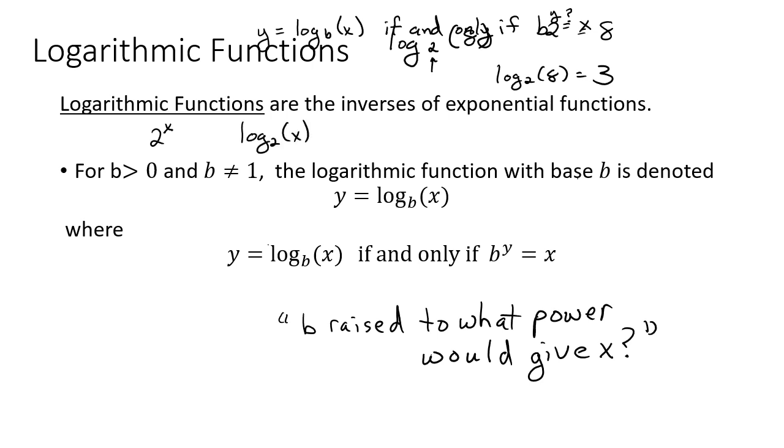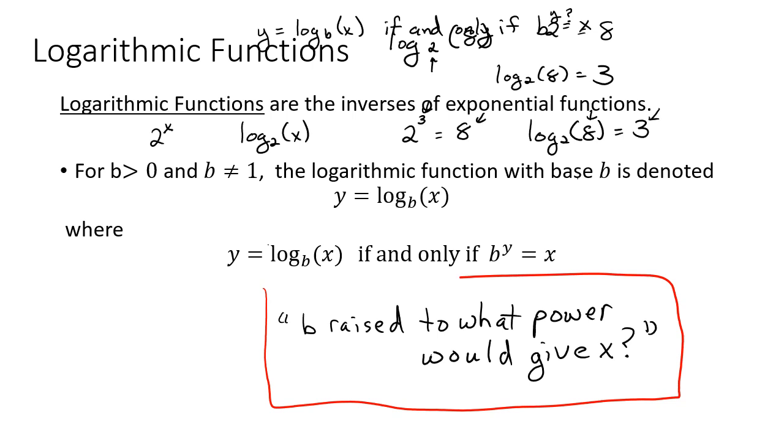Well, from what we see up here, the exponential base 2 function would take an input of 3 to an output of 8, whereas the logarithmic base 2 function would take an input of 8 back to the input of 3. So it reverse engineers the exponential base 2. This is really the key to this slide. The base raised to what power would give you the thing inside of parentheses.